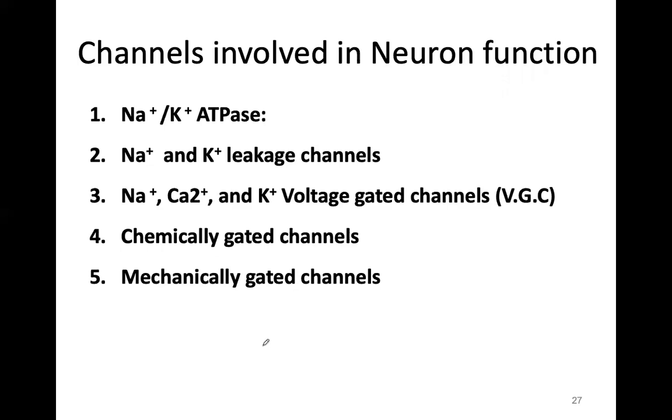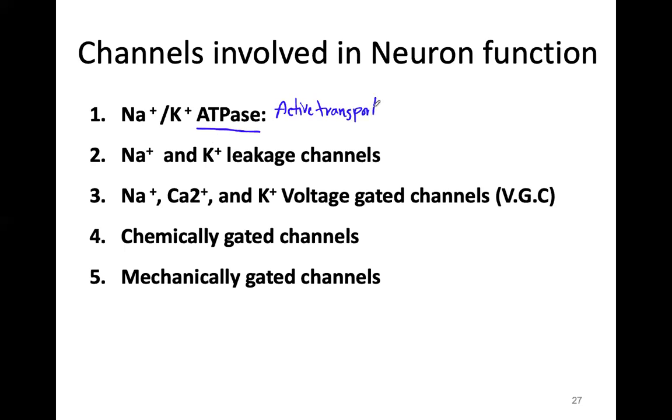What we identify as the sodium-potassium ATPase. We're going to go over this in just a few minutes as well, but I want to highlight the ATPase part. That means that this channel requires ATP to work properly, which makes this process an active transport.